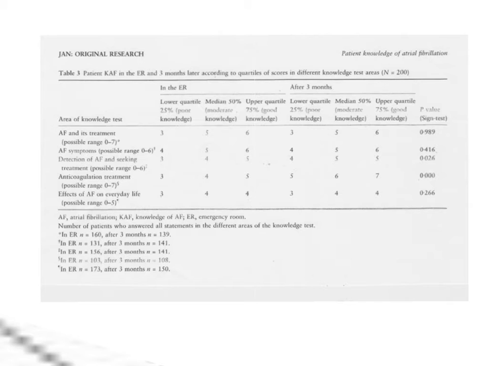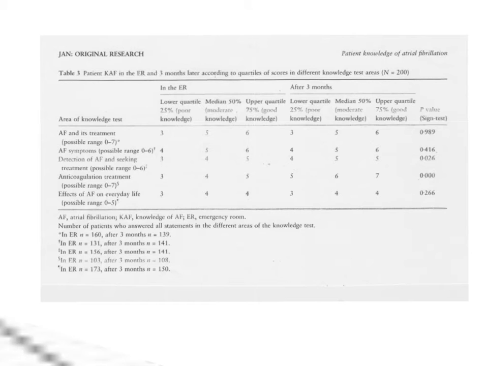For example, on the section of the test about AFib and its treatment, a patient could score a 0 if he or she answered none of the questions correctly, or a 7 if all were answered correctly. All of the sum scores for each patient were then laid out from lowest to highest, and the median was calculated, and the scores at the 25th and 75th percentiles were calculated.